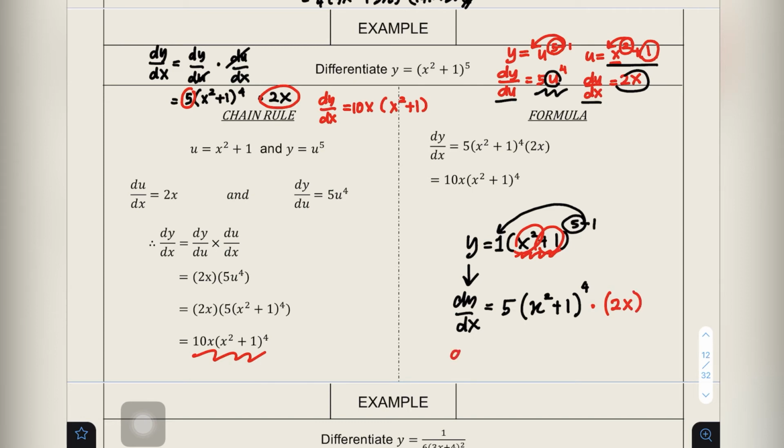So finally, your final answer will be dy/dx is equal to, I multiply 5 with 2x, you will get 10x times (x squared plus 1) to the power of 4. So you will get the same answer either using the chain rule or using the formula of differentiation.